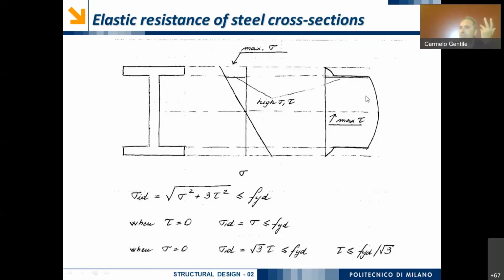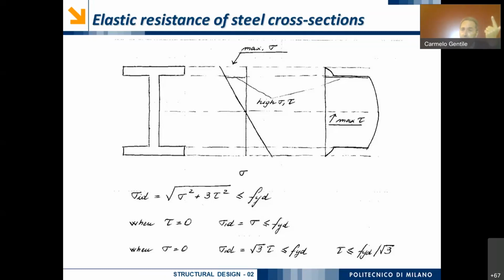So basically, we have two possibilities of working, okay? The elastic range, generally, we prefer to work in terms of stress, because if we are dealing with the cross-section of a beam, what I expect generally in a cross-section of a beam is that a general cross-section is simultaneously subjected to bending moment and shear.